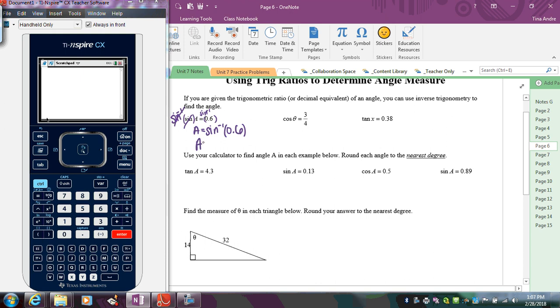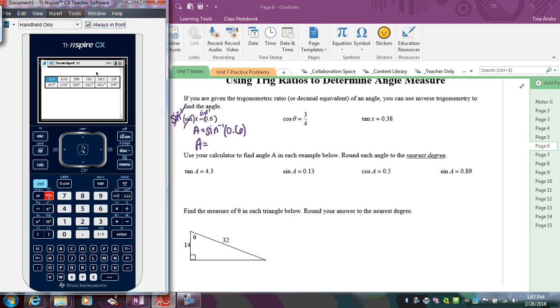Then to enter this into our calculator, we go to our home screen, making sure we're in degree mode because we're trying to get out a degree. Then we go down to our trig button, and notice the little -1s, that's the inverse. So I type in sine inverse of 0.6, and you end up with 36.869 degrees.